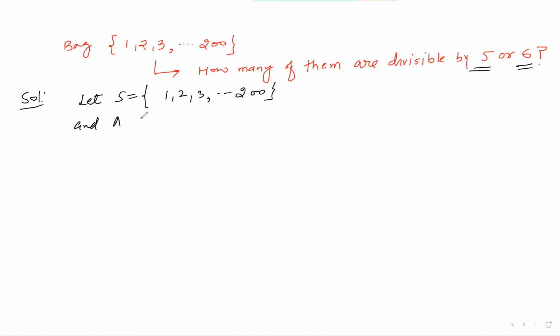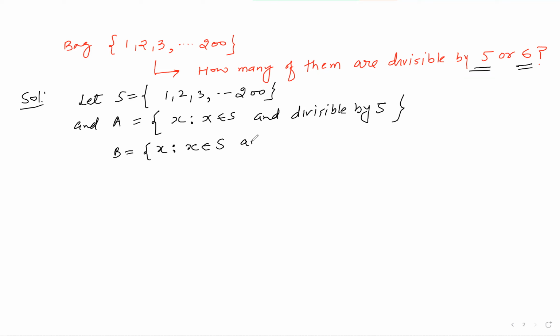Let us define A, all those X which are elements of S and divisible by 5, right? Let's call B as all those X such that X belongs to S and is divisible by 6.